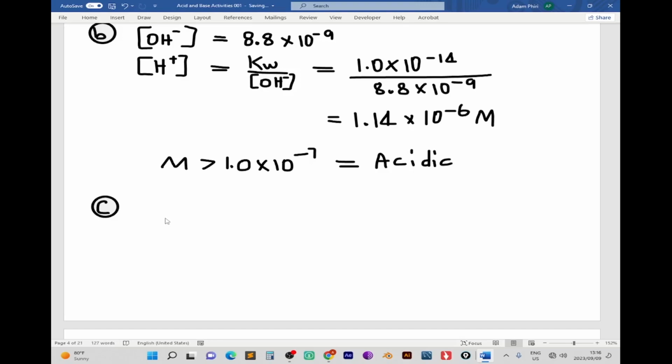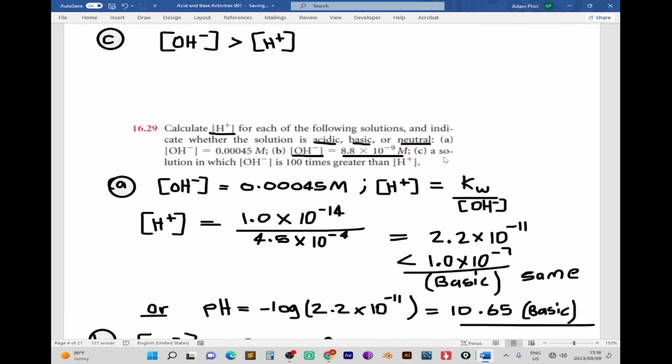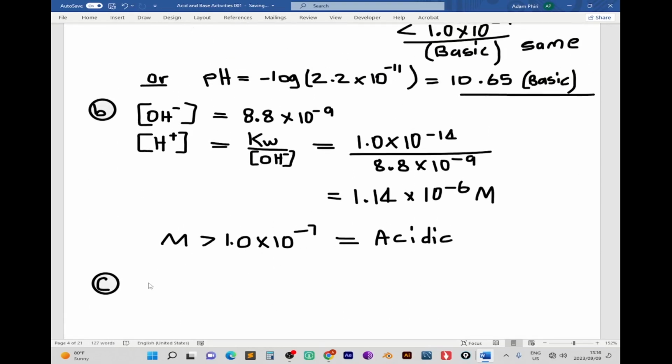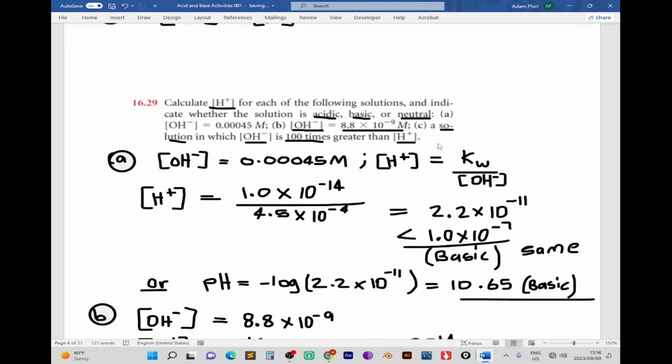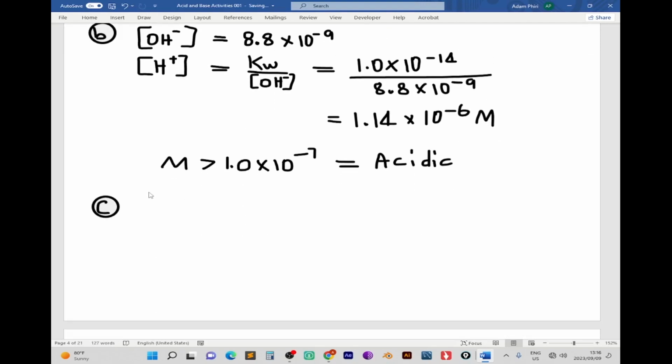So that's acidic. The next question says that the hydroxyl is 100 times greater than the H protons. That means that the base is 100 times greater than the acid. So once again, calculate the concentration of the acid.